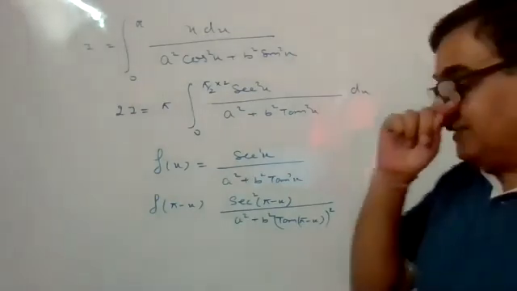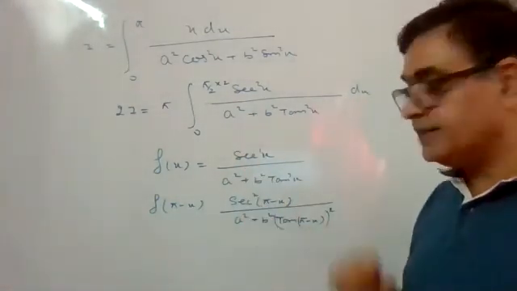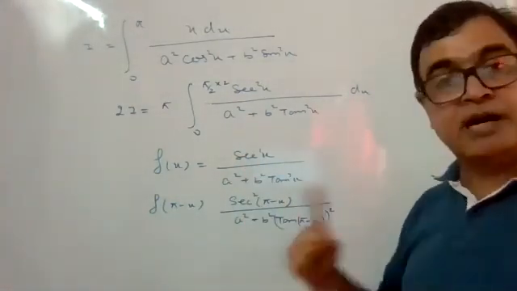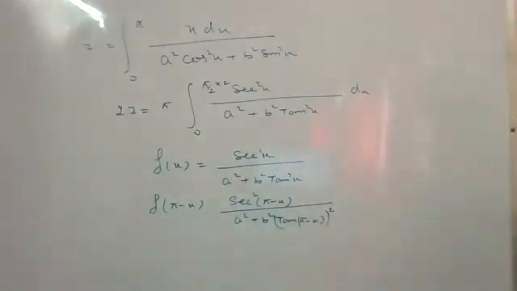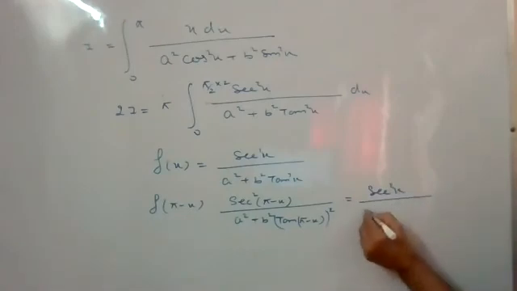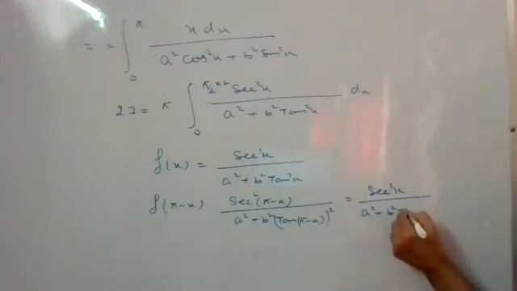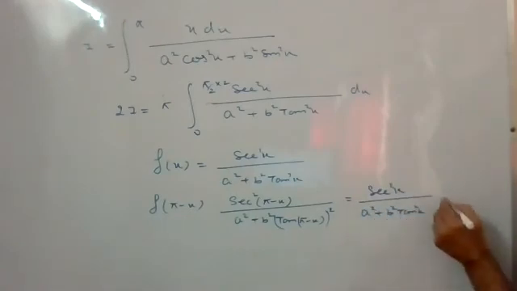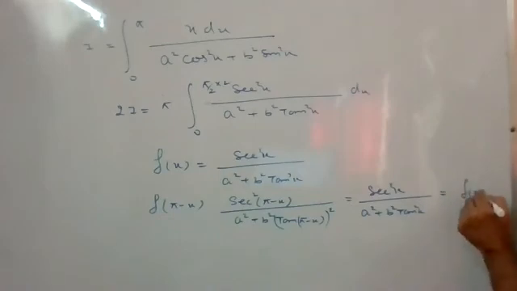Sec of 180 minus theta is minus sec theta, but the square is here. Tan of pi minus x is minus tan x, but the square is here. So problem solved. It comes out to be sec square x by a square plus b square tan square x. That means this is nothing but f(x).